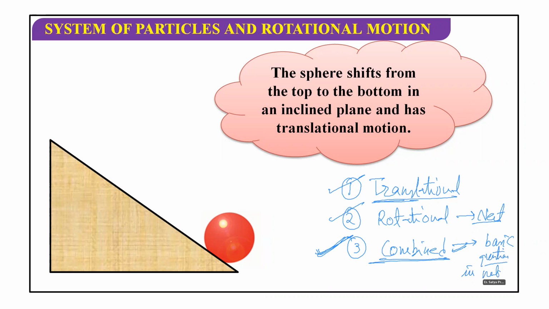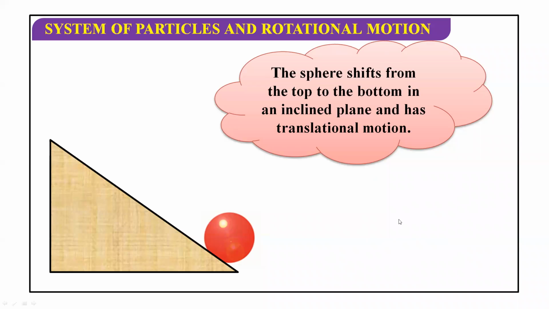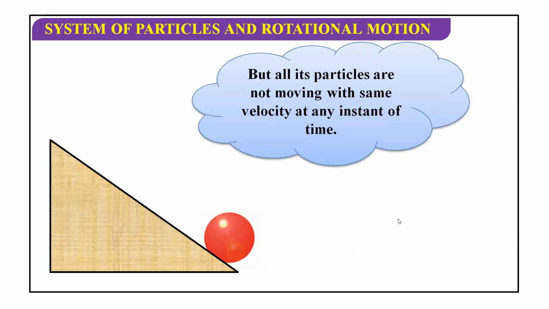This is combined motion. So the first thing everyone should understand is how to identify the motion: whether we are talking about translational motion, rotation, or combined motion. So first, identification of motion has to be there. What type of motion do we have?